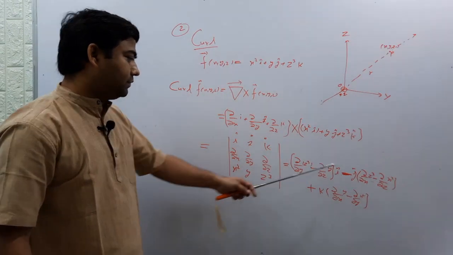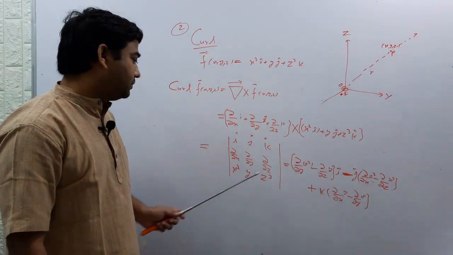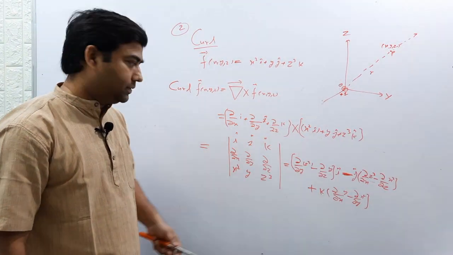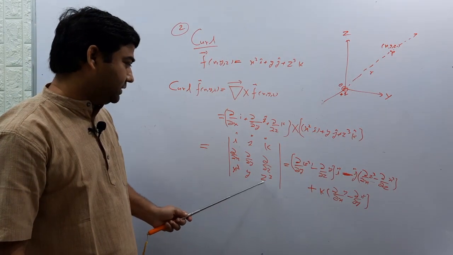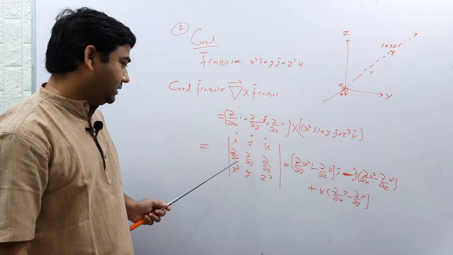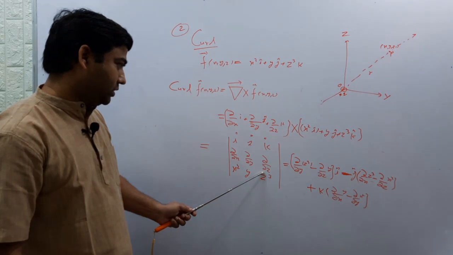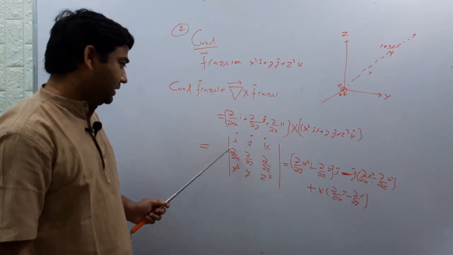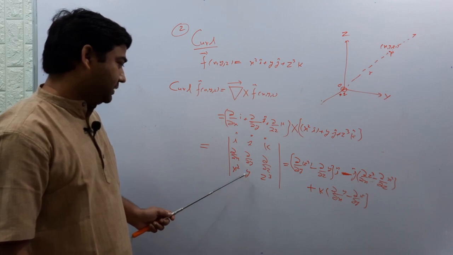This is how we will find the curl with the simple formula of determinant: i del y of z cube minus del z of y, minus j del x of z cube minus del z of x square, plus k del x of y minus del y of x square.